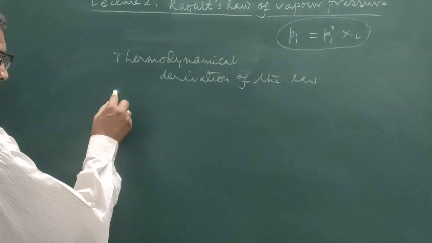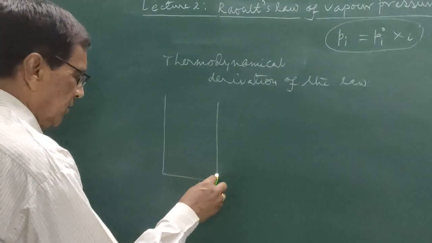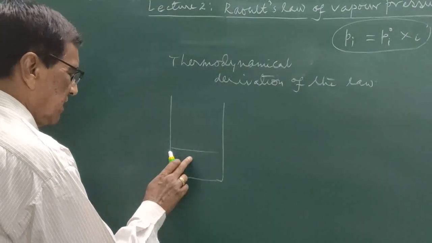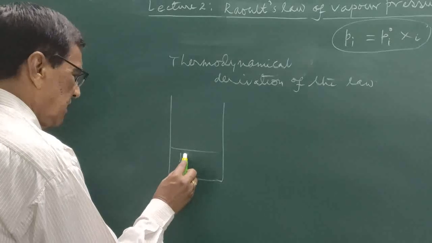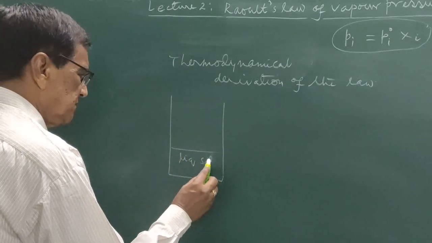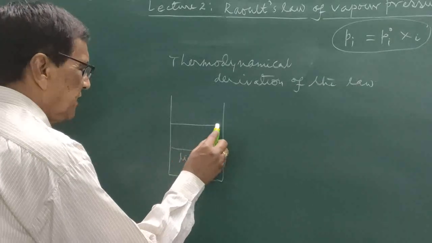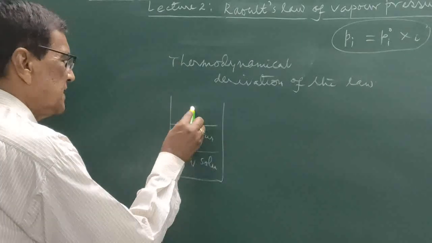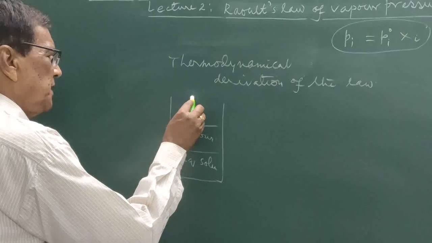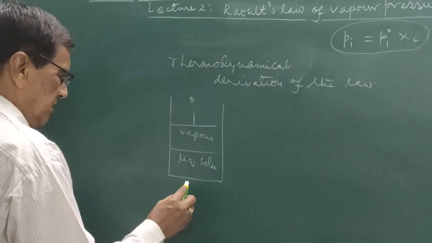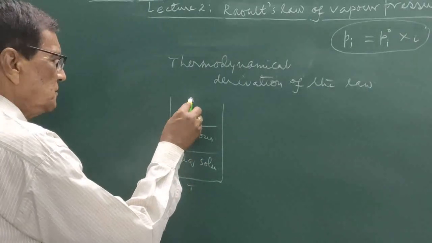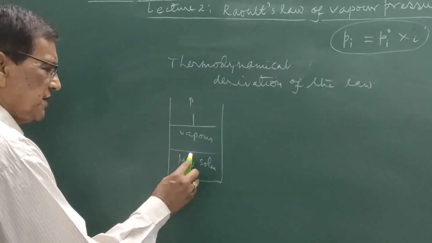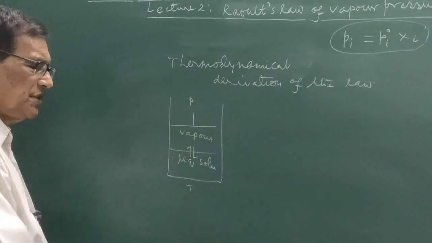Say here is the liquid solution, and here the vapors, at pressure P and temperature T. So at a given temperature and pressure, this liquid solution remains in equilibrium with its vapor.